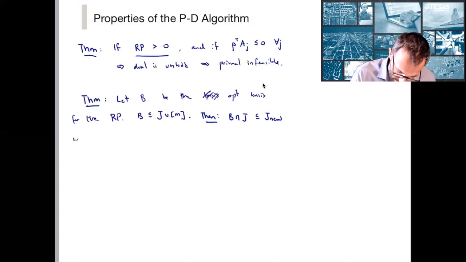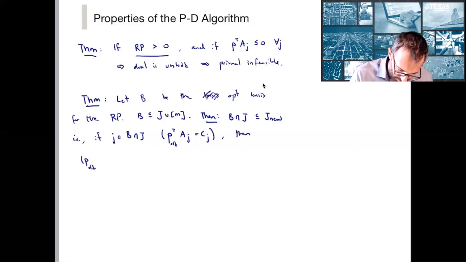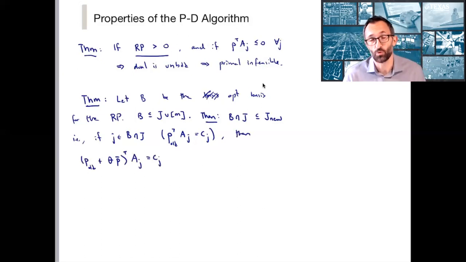In other words, if some variable belongs to the basis and also to the admissible variables, which means that for our old dual solution, let me write old here so it's even more clear, this is what made it be part of J. Then when I update my dual variable, for that same j, I still have it equal to cj, which means it's a tight constraint in the dual, which means that it's going to be in J new. It's going to be admissible.